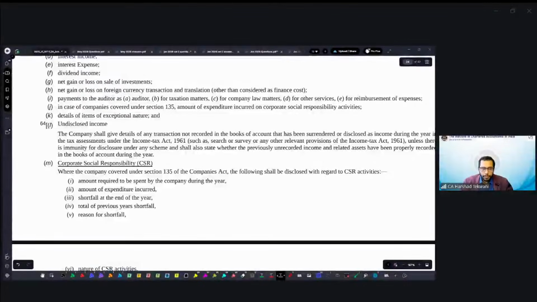Then foreign exchange reporting, in foreign currency: gain and loss, or expense in foreign exchange. All those things are not required to be disclosed again and again. Why?